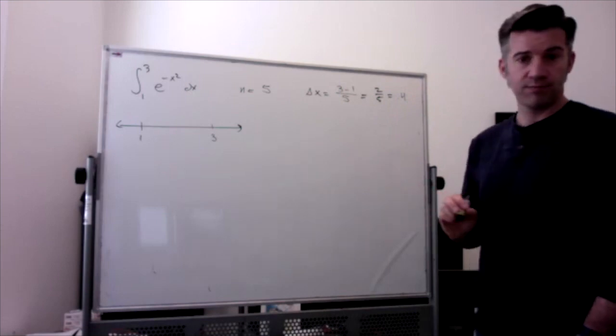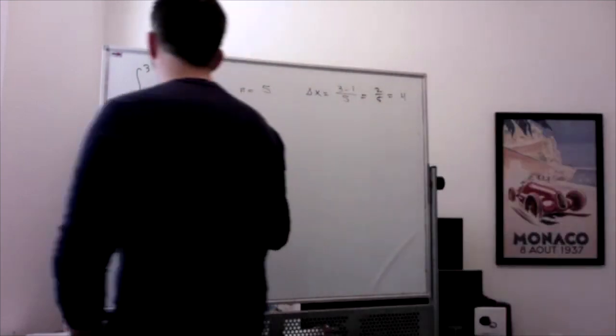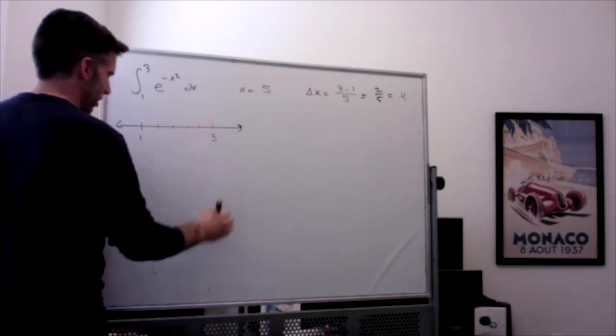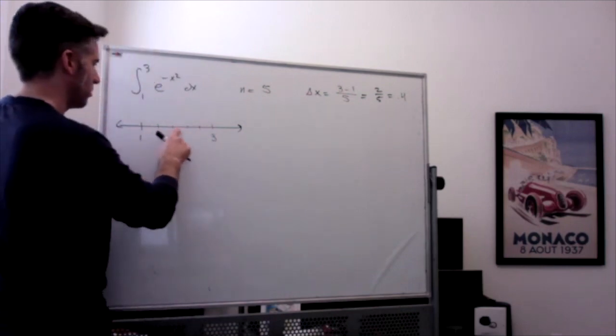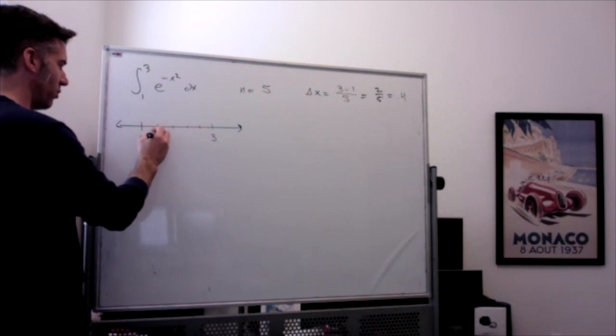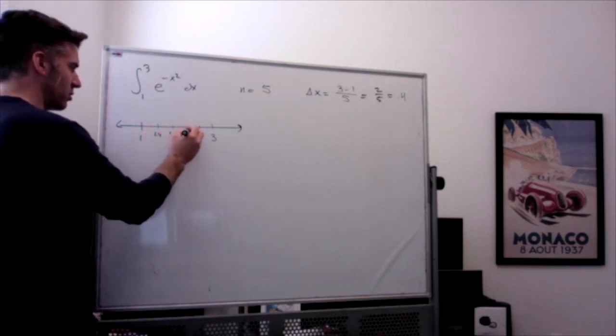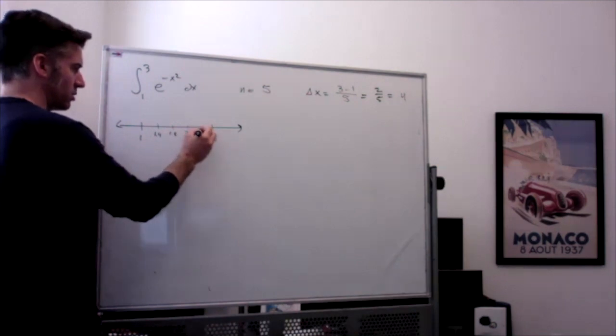So that means all my little sections here: 1, then 1.4, 1.8, 2.2, 2.6.